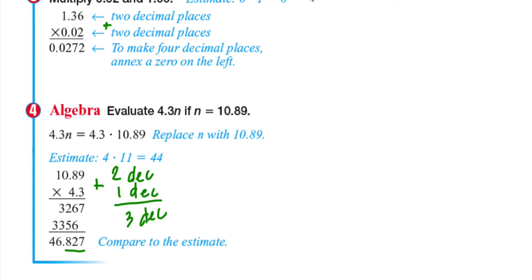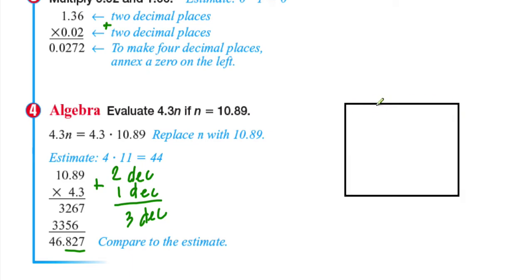As promised, we'll use the lattice method to solve this. You have 4.3 times 10.89. You have 2 digits and 4 digits. So you will use a 4 by 2 grid or a 2 by 4 grid. It doesn't really matter. I'll use a 4 by 2 grid. And a 2 by 2 grid right there. 1, 2, 3, 4 digits for 1089, and 2 digits for 4.3.